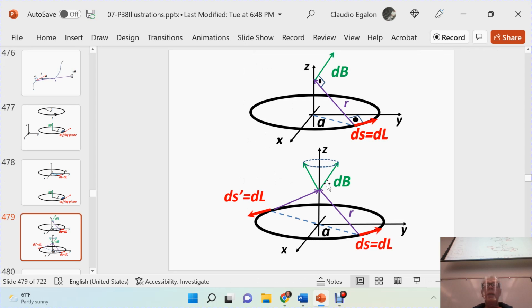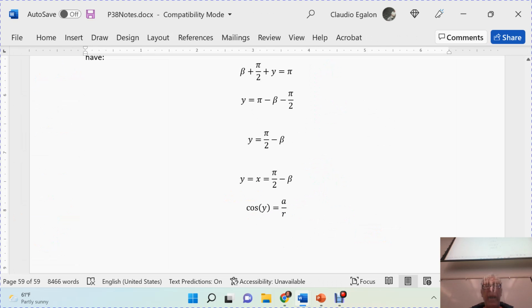Okay, why are we doing that? Because the x and y components in the xy plane are going to cancel out. You're going to end up having only a B field along the z-axis. Okay, so my dB is z. Okay, here you go.